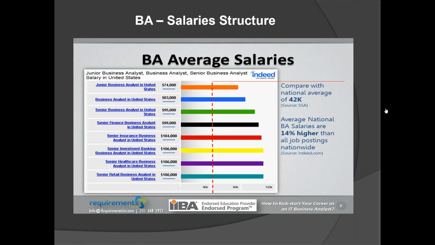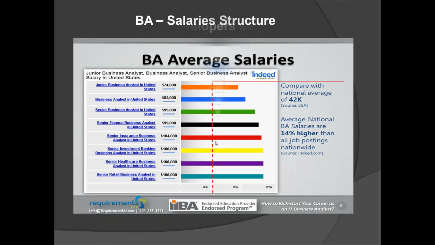It says average national BA salaries are 14% higher than all job postings nationwide. That means if you compare your BA salary with any other job, you will have on average 14% higher.